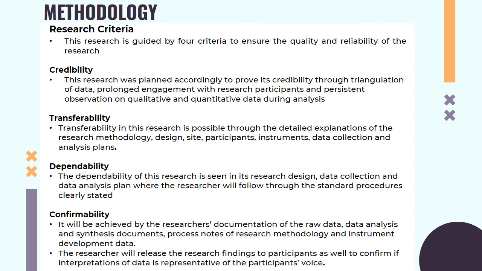Lastly, this research is guided by 4 criteria to ensure the quality and reliability of the research. This research was planned accordingly to prove its credibility through triangulation of data, prolonged engagement with research participants, and persistent observation on qualitative and quantitative data during analysis.